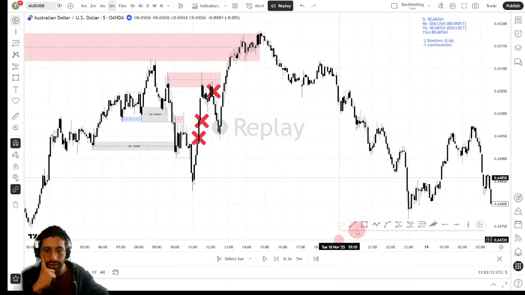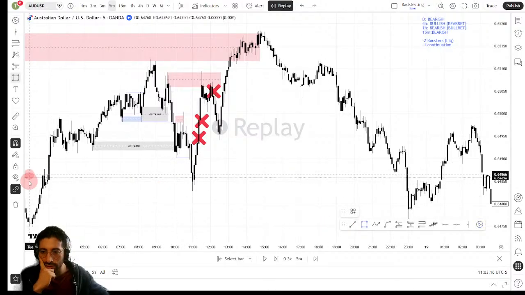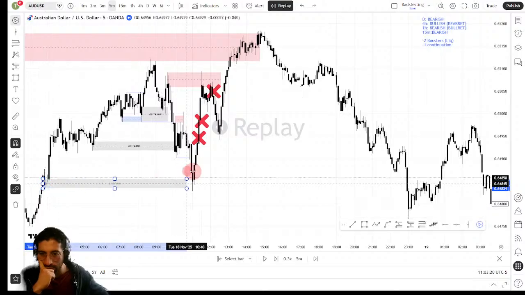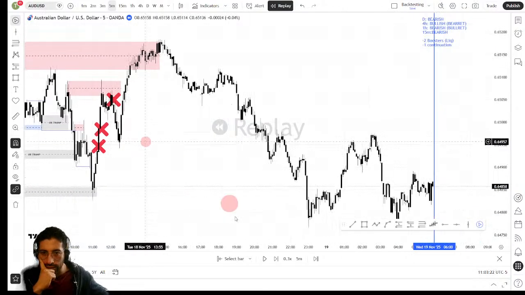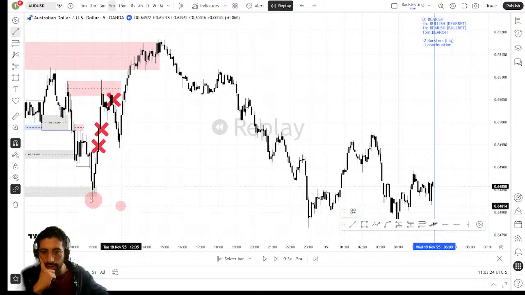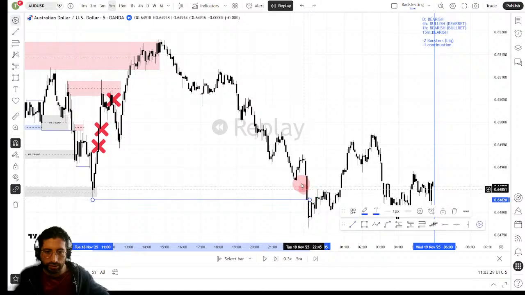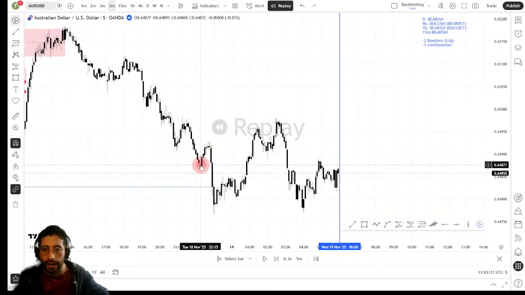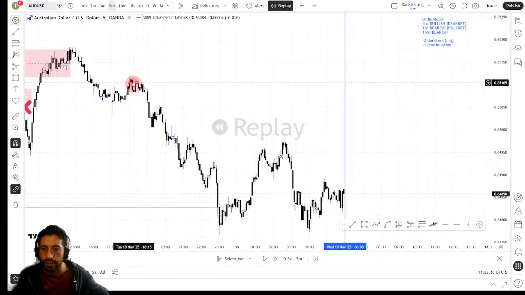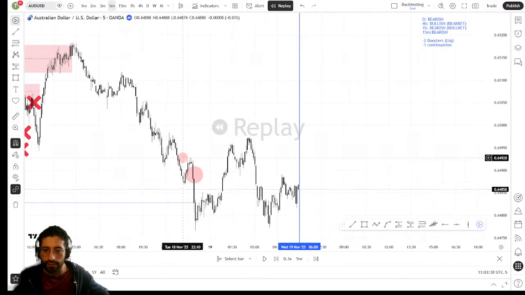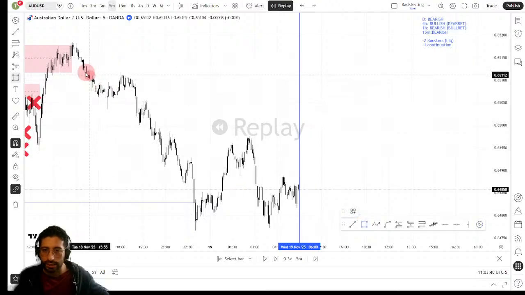Now let's try to analyze a new block. Look, this was the 5-minute range. This created a new range in 5 minutes, and then we got a breakout of this range in 5 minutes right here. After this, we're going to try to understand and analyze the new strong high in 5 minutes, which is this one right here.